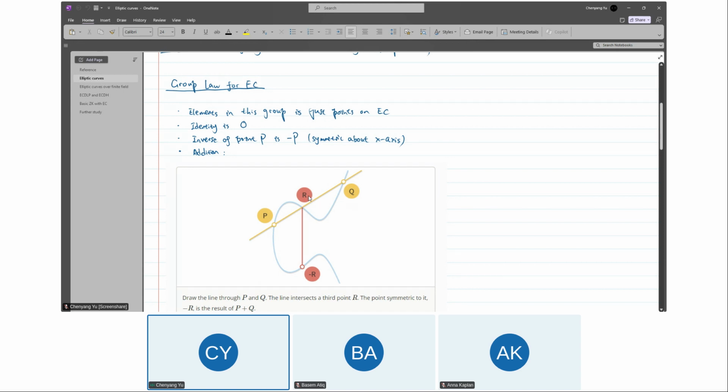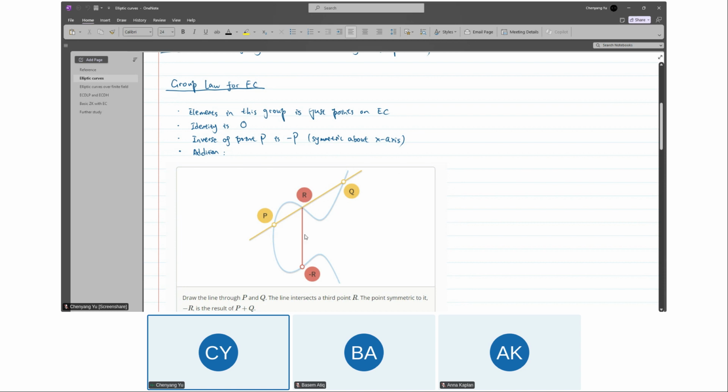You can try that on your own. If you define P plus Q equals R, then you have a circular addition: P plus Q equals R, P plus R equals Q, and Q plus R equals P. There is a contradiction there. So there is no way to define a group law if you just work with a straight line.